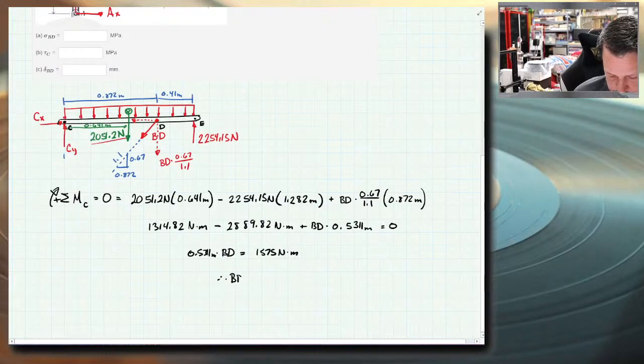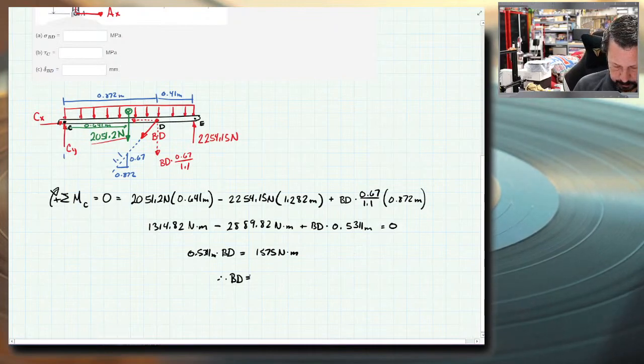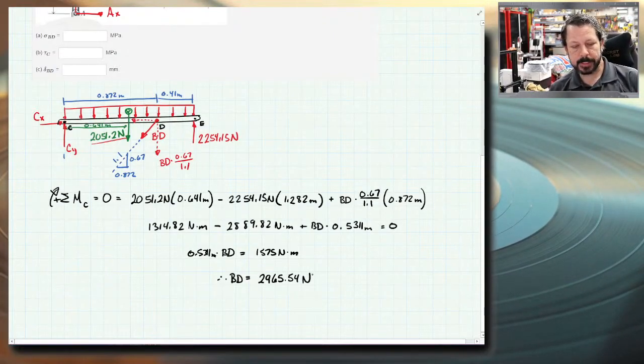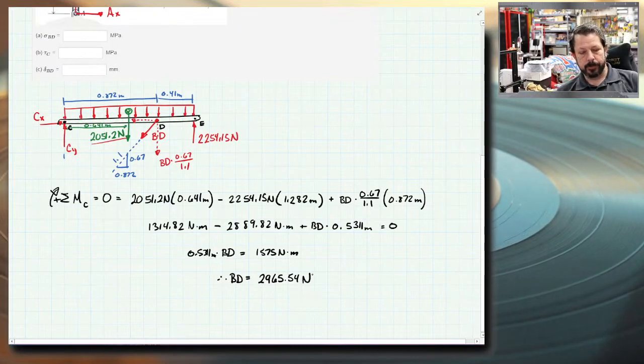Therefore, the force in member BD equals 1575 divided by 0.5311, 2,965.54 newtons. It came out positive, so that means I've drawn the arrow the correct direction.